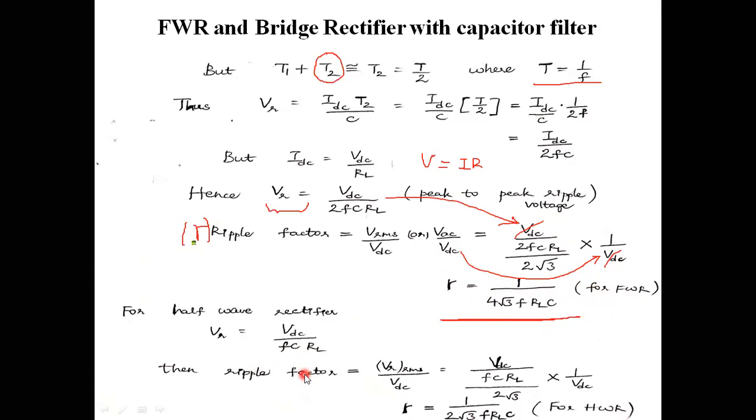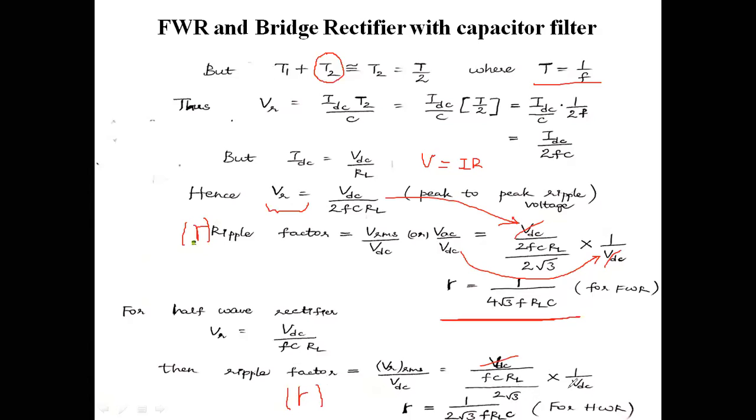And for half wave rectifier, the same VR is given by VDC by FCRL. Then ripple factor gamma is given by gamma is equal to VR of RMS by VDC. That value is given by VDC by FCRL by 2 root 3 into 1 by VDC.